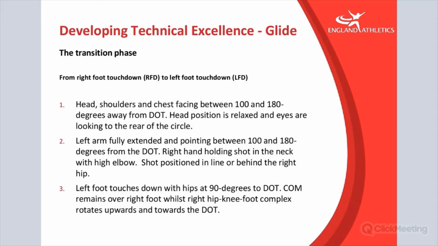If they are more of an athletic, explosive shot putter, less separation, maybe closer to that 100-degree separation, is something that could be considered. The shot should still be positioned in line with or behind the right hip.